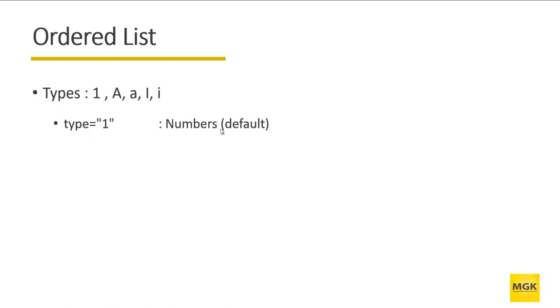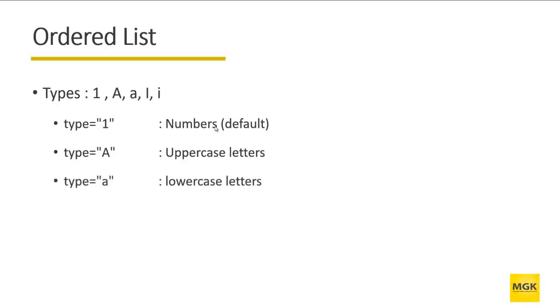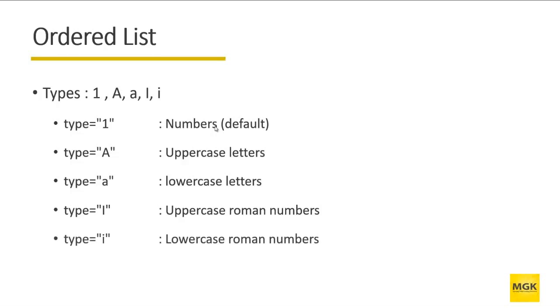If you do not define type, then it will show numbers by default. When you have to define uppercase letters, you write capital A in your ol, and you can use lowercase a, and likewise if you want to define Roman numbers, capital Roman numbers and lowercase Roman numbers. So this is the example of how you will define your ols.